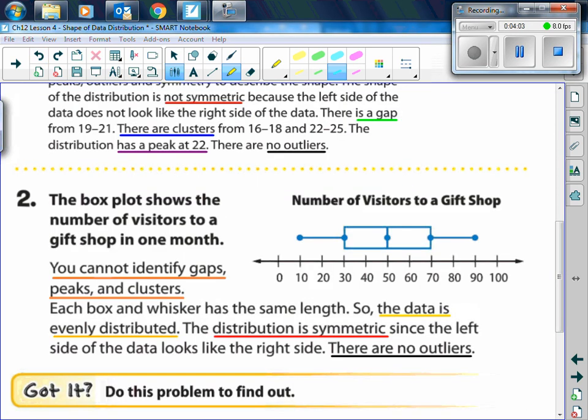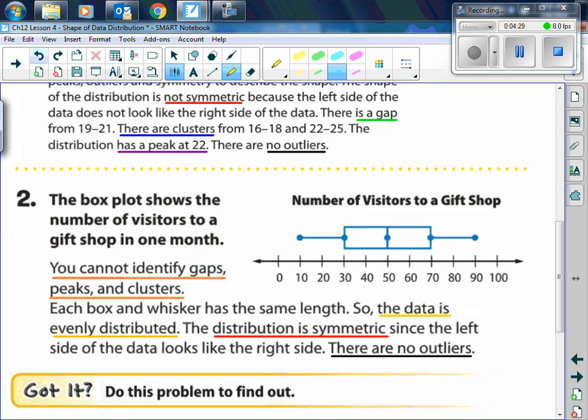For example 2, it says the box plot shows the number of visitors to a gift shop in 1 month. And we want to again describe the distribution. So here, in a box plot, can I identify gaps, peaks, and clusters? No, we can't identify any of those on a box plot. Okay?